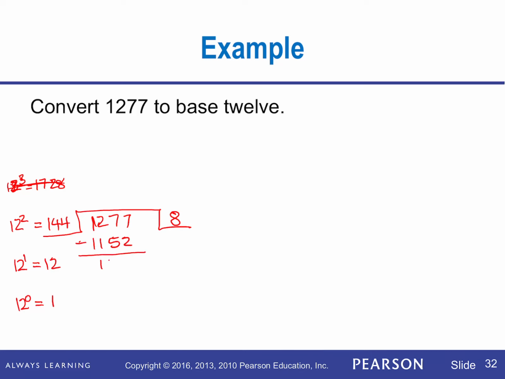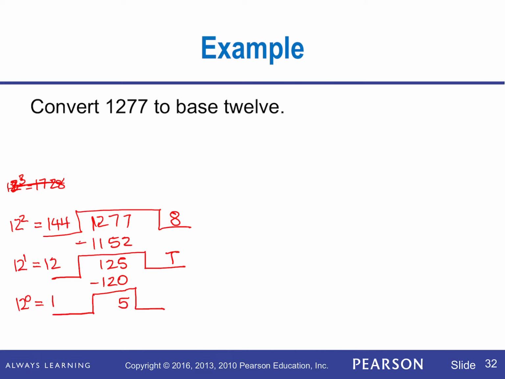I get 125. And now I want to know how many times does 12 go into 125? Well, 10 times, and since I'm in base 12, I'm going to use a T to represent the 10. So that's 120 when I multiply 10 times 12, and I'm left with 5.